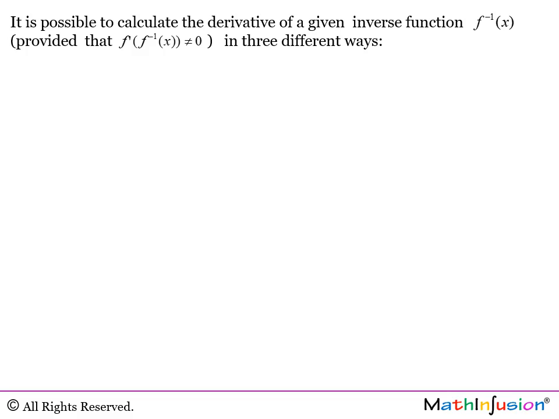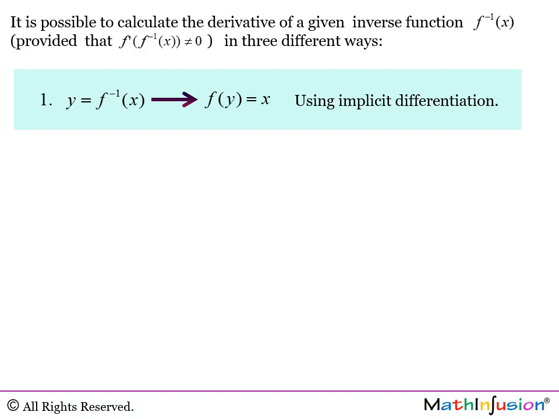As you can see, it is possible to calculate the derivative of a given inverse function in 3 different ways. And this is obviously if the derivative of f to the inverse function x is not 0. The first way, which I think was the easiest way, was using implicit differentiation.